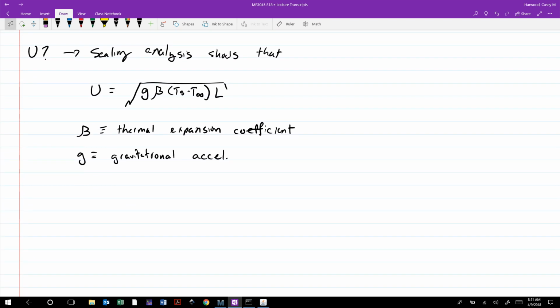All right, so now a little further into the rabbit hole. What is this beta? What is this thermal expansion coefficient? So beta is defined as -1 over rho times the rate of change of density with temperature.